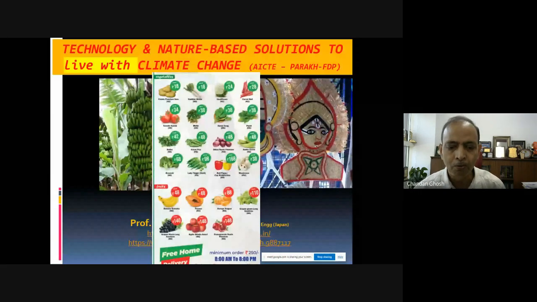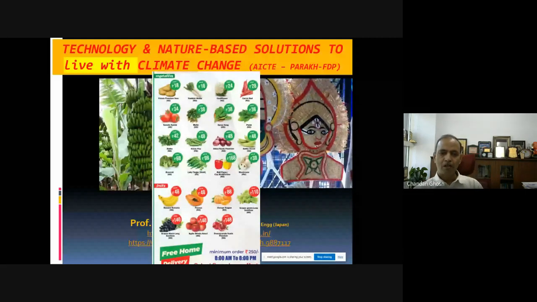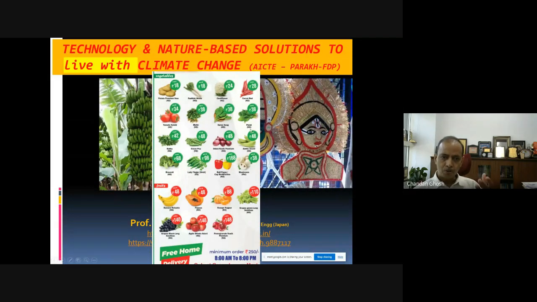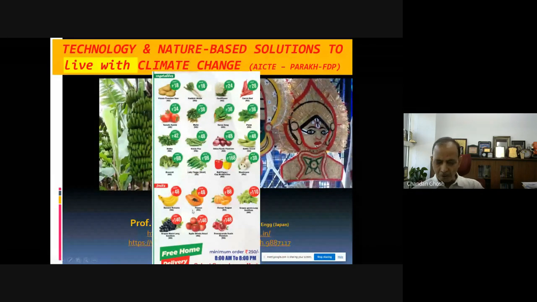But what we get in our locality or city every day, you see how nicely price charts are being prepared. Because we have such wonderful software and computer facilities, even an unskilled person, a 7th or 8th standard boy or girl, can make such a wonderful chart of the rates.